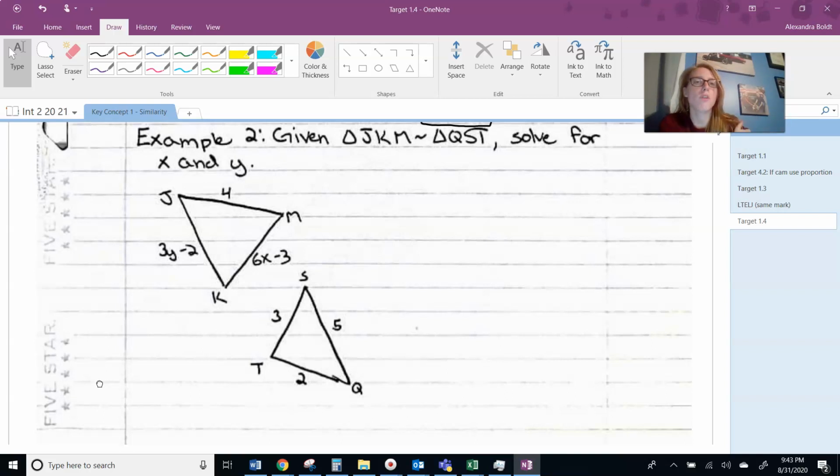Okay. When we're solving for x and y, this is two separate equations. So I have to do basically two problems. So I'm going to start with x. X is here with KM.